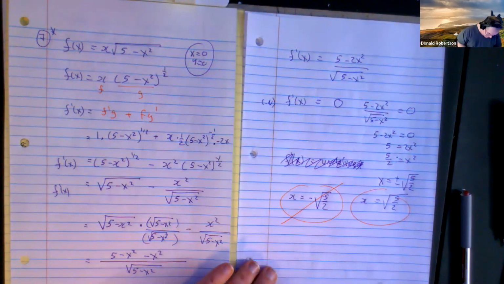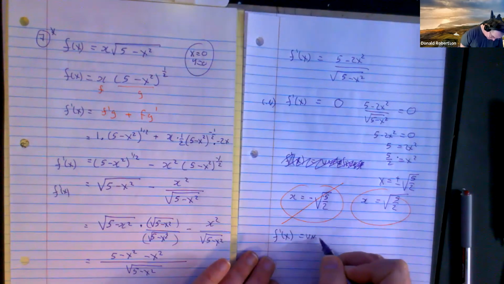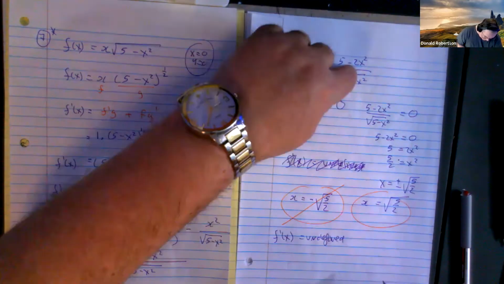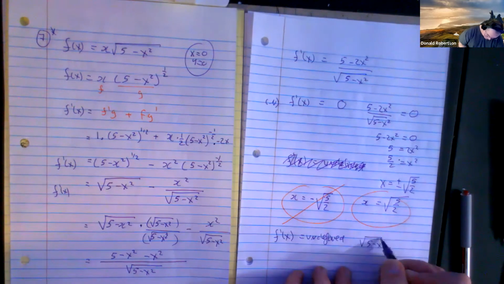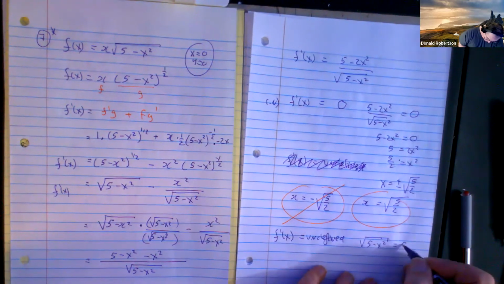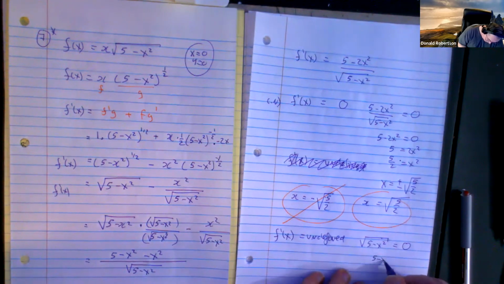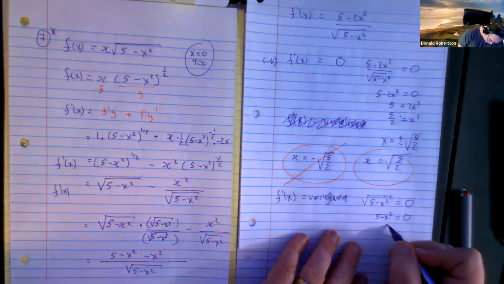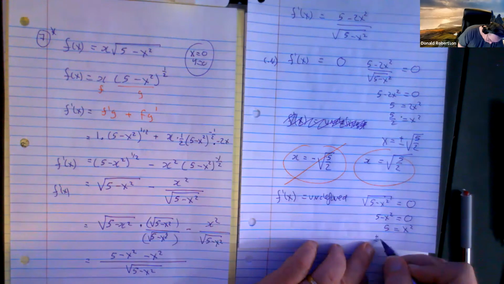So they 2 are fine. Now, when is the second derivative undefined? Well, it's going to happen when this is undefined, but that becomes this guy, right? And when is this guy 0? Well, this guy is going to be 0 when that is 0. And that's going to happen when x squared is 5. And so I'm going to have plus or minus root 5.